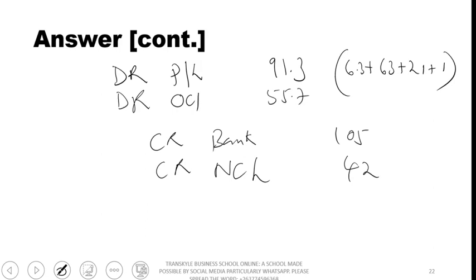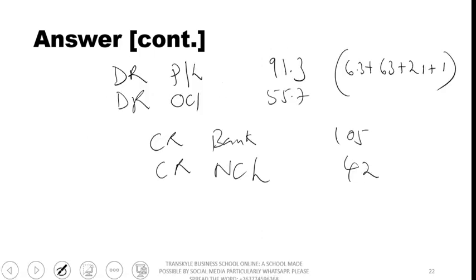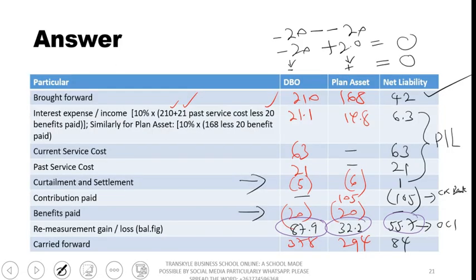Alright, and then we do the disclosures. For the disclosure, we simply have to say notes to the profit or loss account. The notes to the profit or loss account is going to have the net interest cost. The net interest cost was 6.3, if you still remember.